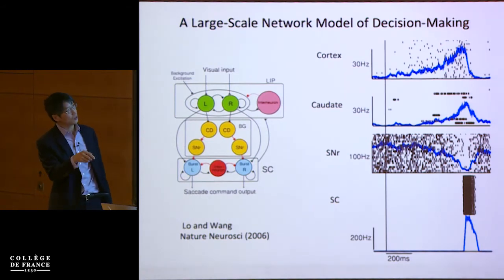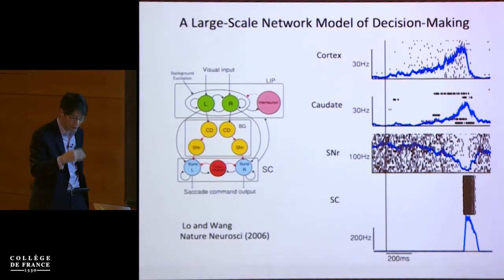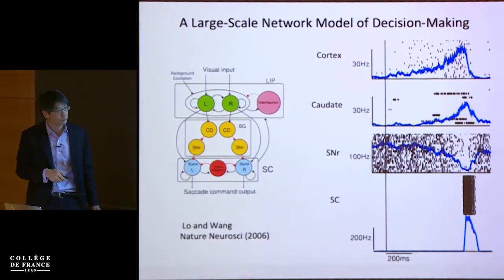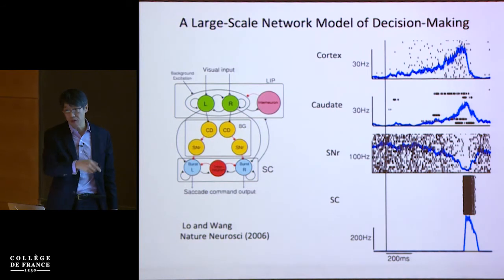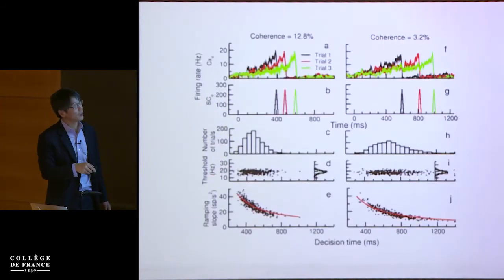And so a combination of cortical excitation to the superior colliculus and reduced inhibition from the basal ganglia eventually triggers a very powerful burst event. So then you can ask, what is the threshold of activity that triggers this burst event? We have examined that in this model.